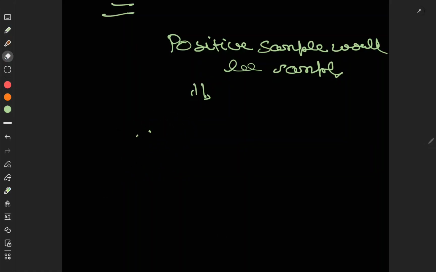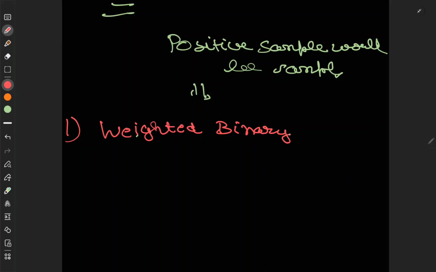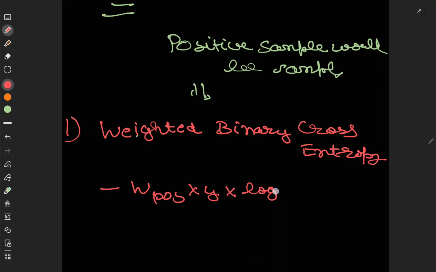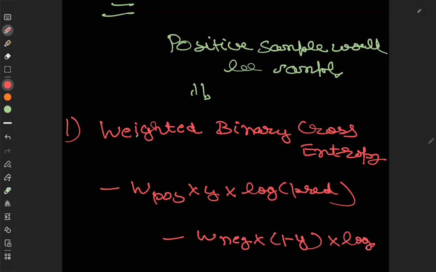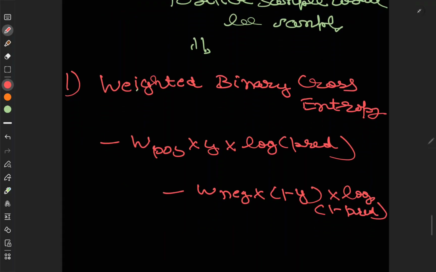What you can do is use weighted binary cross entropy. What is the formula? Minus W positive into y into log of prediction, minus W negative into 1 minus y into log of 1 minus predicted. I guess this is the formula for binary cross entropy, right?